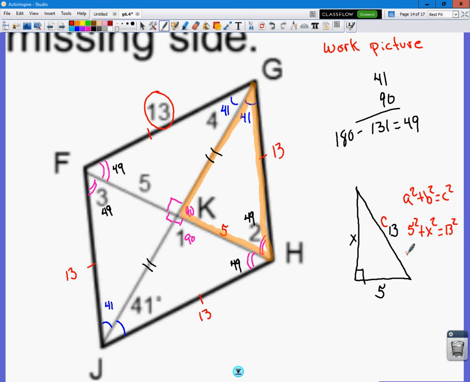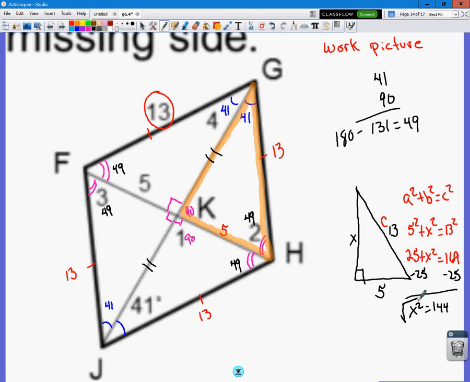5 squared is 25. 13 squared is 169. I'd subtract 25 from both sides. I'd have x squared is equal to 144. And what's the opposite of squaring something?